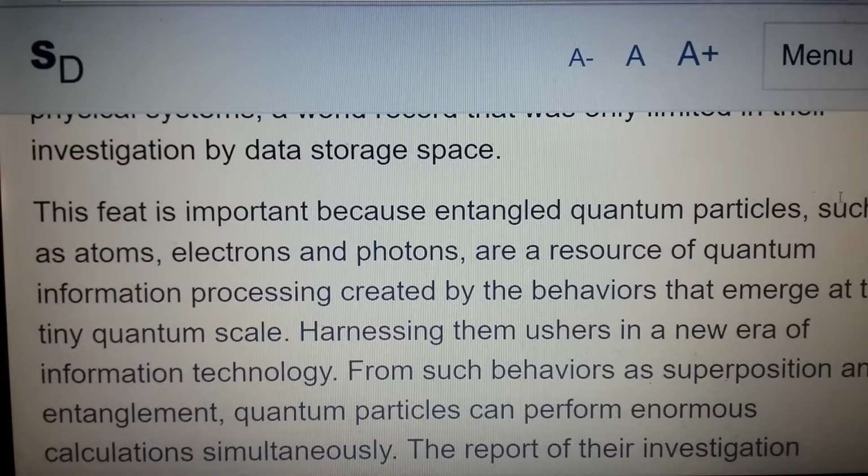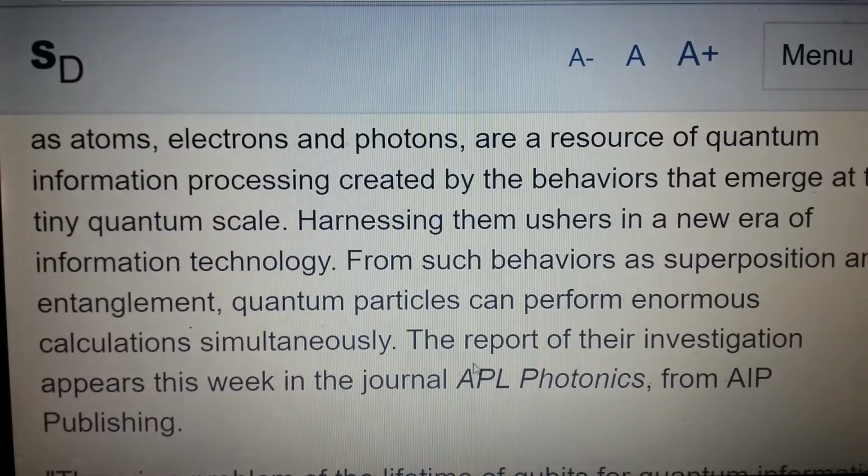So it basically states that atoms, electrons, and photons are the resource for information gathering used by quantum computers. Okay, harnessing them ushers in a new era of information technology. From such behaviors as superposition and entanglement, quantum particles can perform enormous calculations simultaneously.